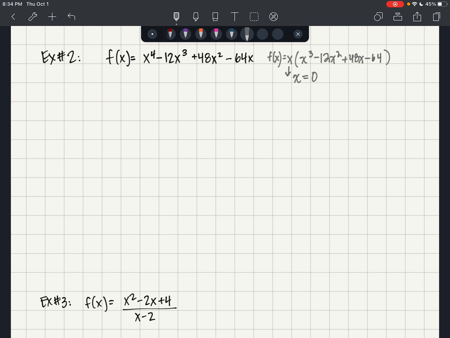And then when I do the synthetic division, plus or minus 1, 2, 4, 8, 16, and so on, all over plus or minus 1. I ran out of room there. You're going to find that 4 is a 0, or a root or a solution, with a multiplicity of 3.